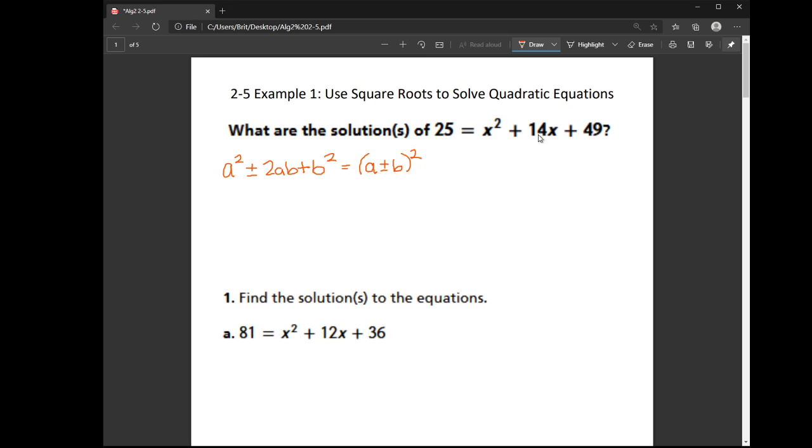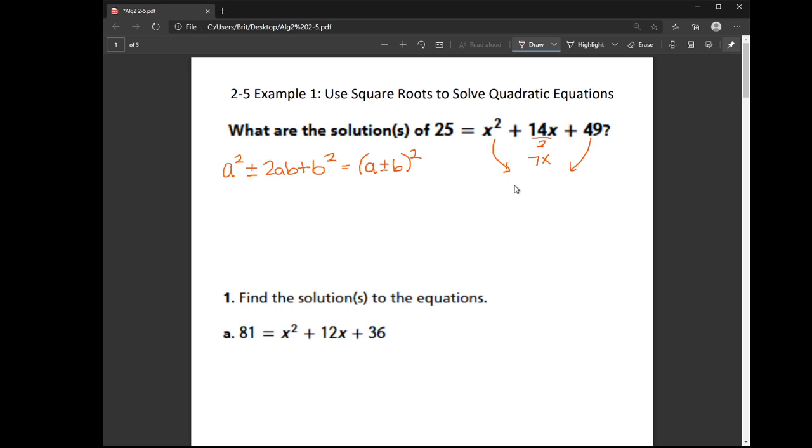So what I usually do is I look for a pattern. First I check to see that this middle number is even, which it is, and you divide that by 2. So 14 divided by 2 is 7x. Okay? And then I take the square roots of the outside parts.